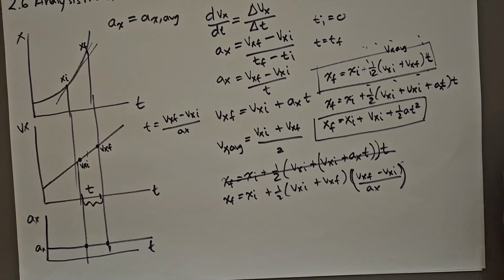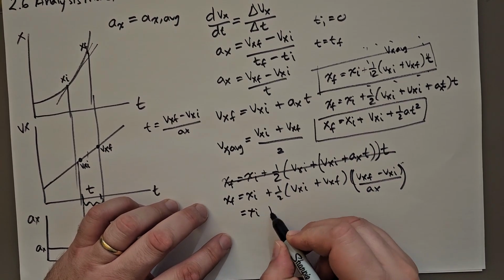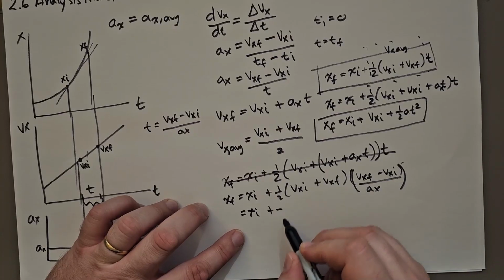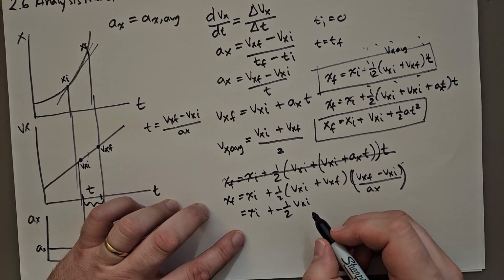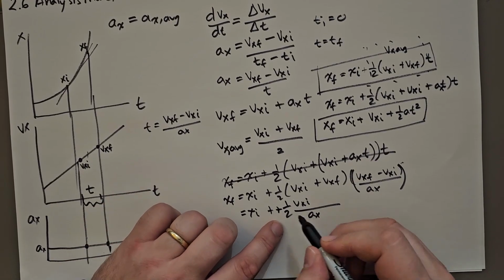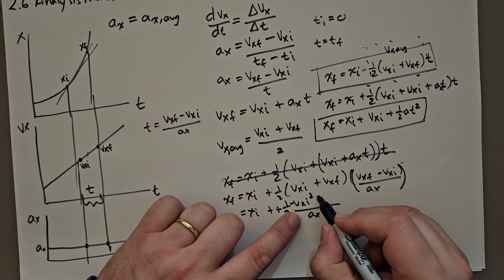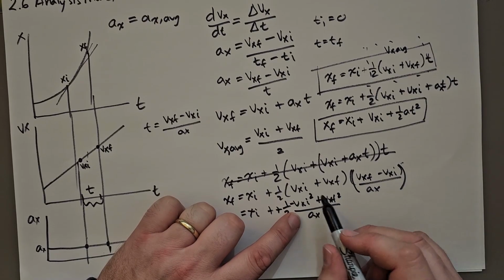And moving some things around, it's going to be a little bit complex here. So x sub i plus, we have a vxi, minus 1/2 vxi over ax. Let's leave that all over ax, plus the squared term, vxf squared, and then we have the cross term which cancels.